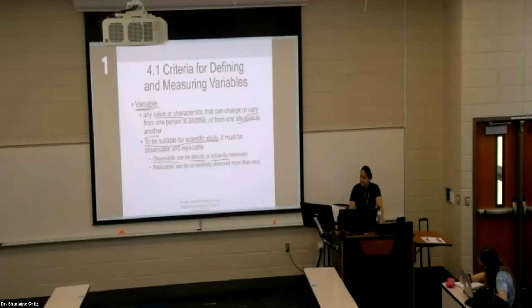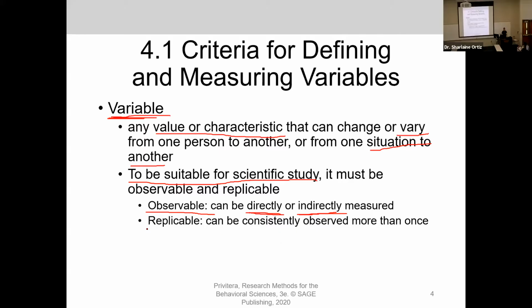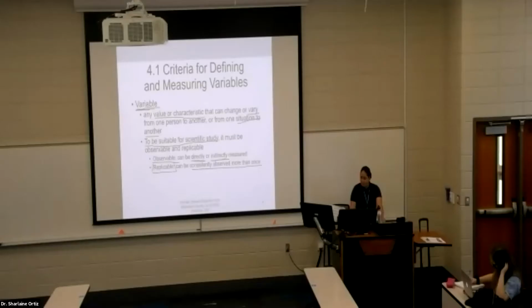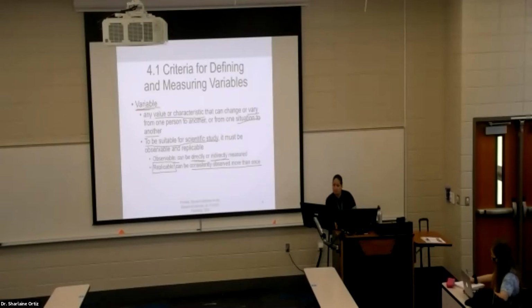Another characteristic of a variable is that I must be able to replicate. And I must be able to consistently observe it more than on one occasion, more than one time. Why is that? Let's say I have this new variable, COVID-related social anxiety, right?